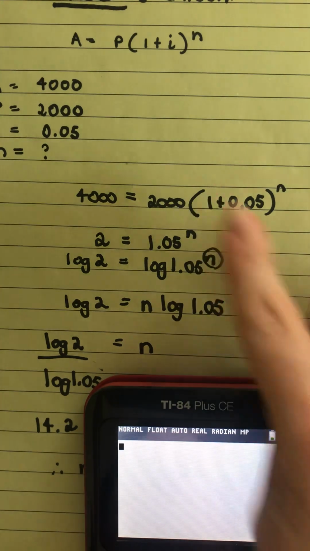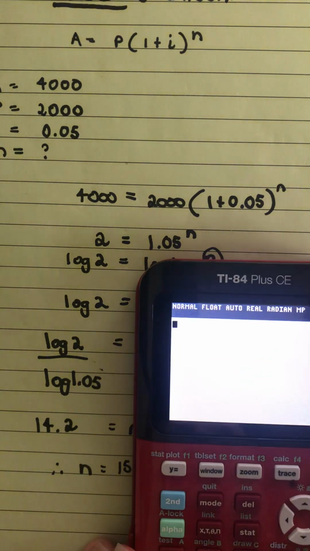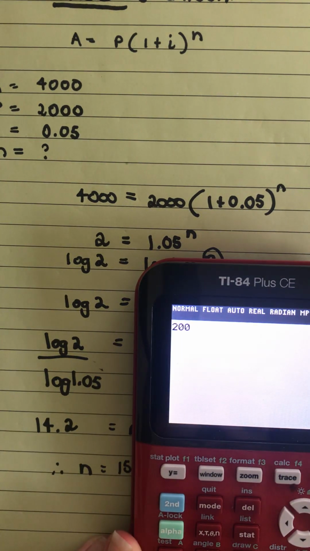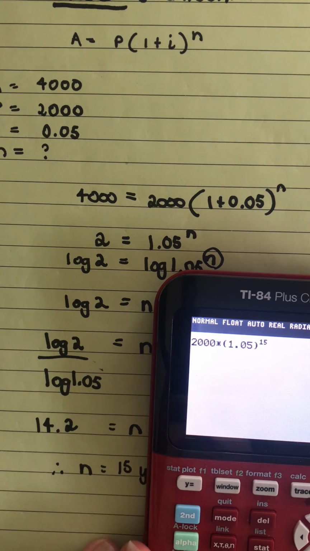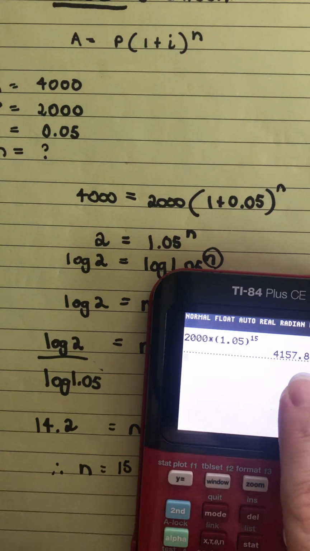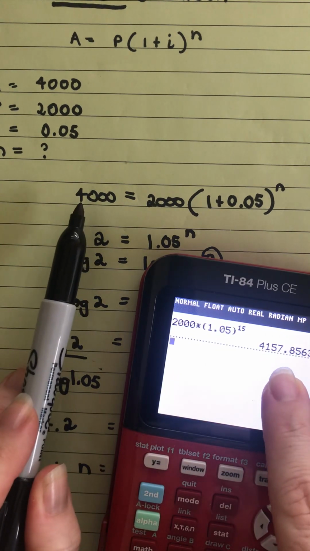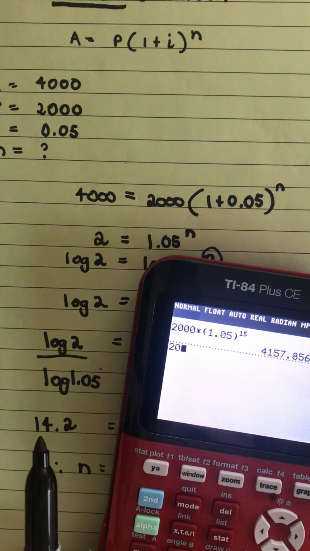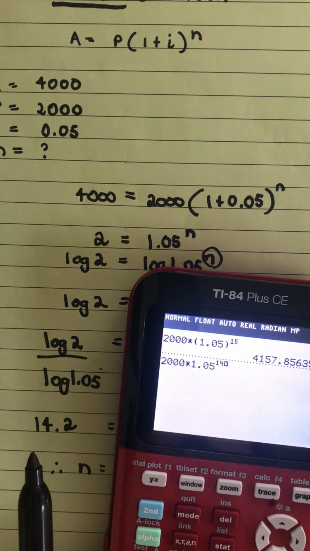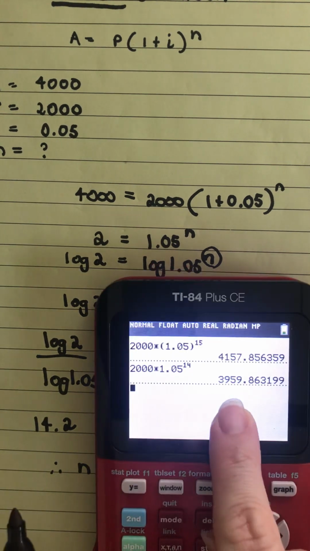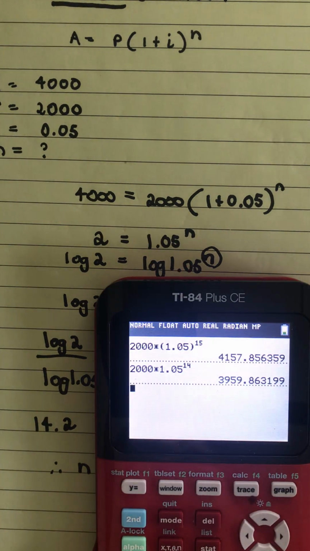We could then also, if we wanted to check, go and pop it back in here and do 2,000 times 1.05 to the power of 15. And we'll see we get 4157, and we were wanting to get 4,000. If we put in the 2,000 times 1.05 to the power of 14, we would see that we only get 3,959, so we haven't doubled our money yet. So that's why we go to the next year.